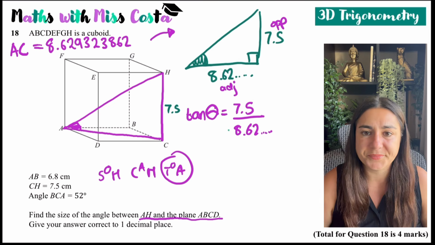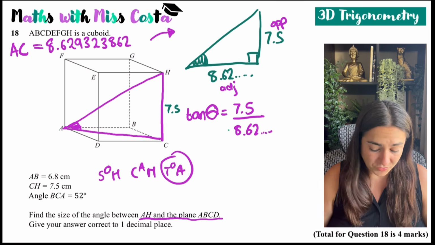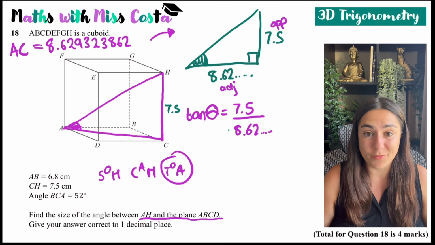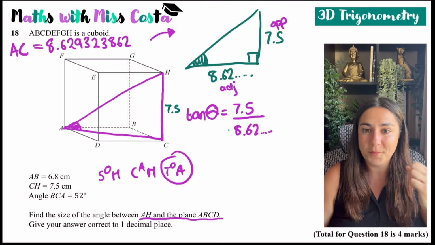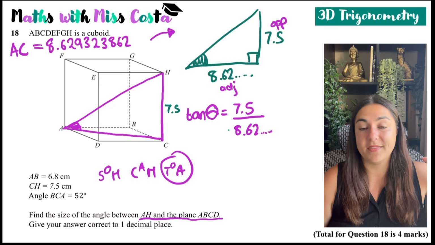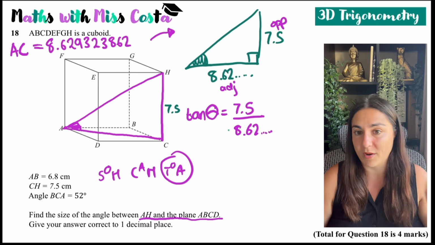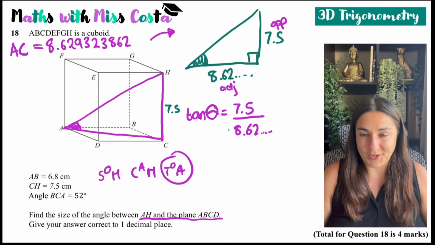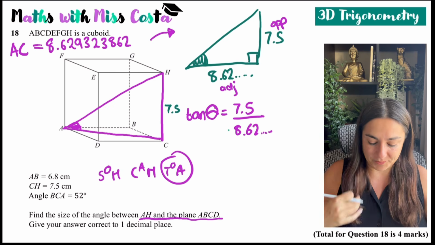And I would even recommend writing tan theta equals opposite over adjacent, because of the number of mistakes made when people accidentally type in the opposite and the adjacent the wrong way around. But that's just advice. You do what you want.